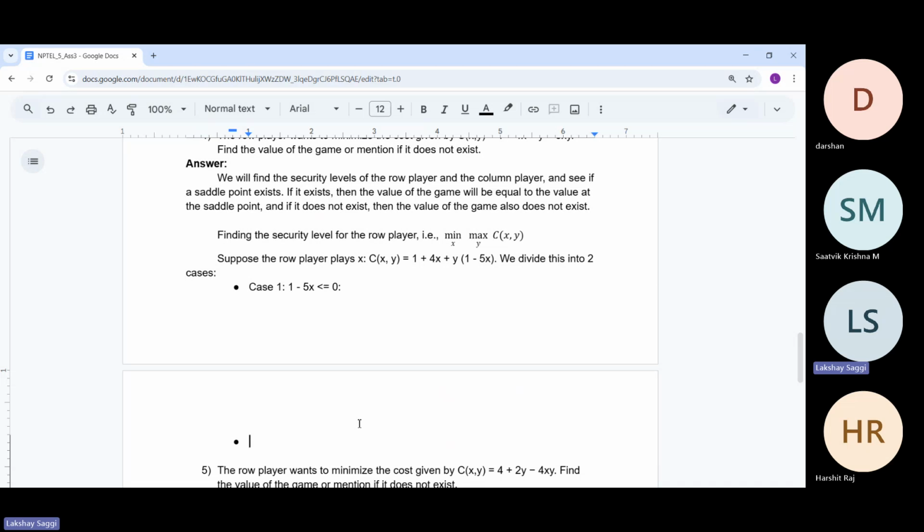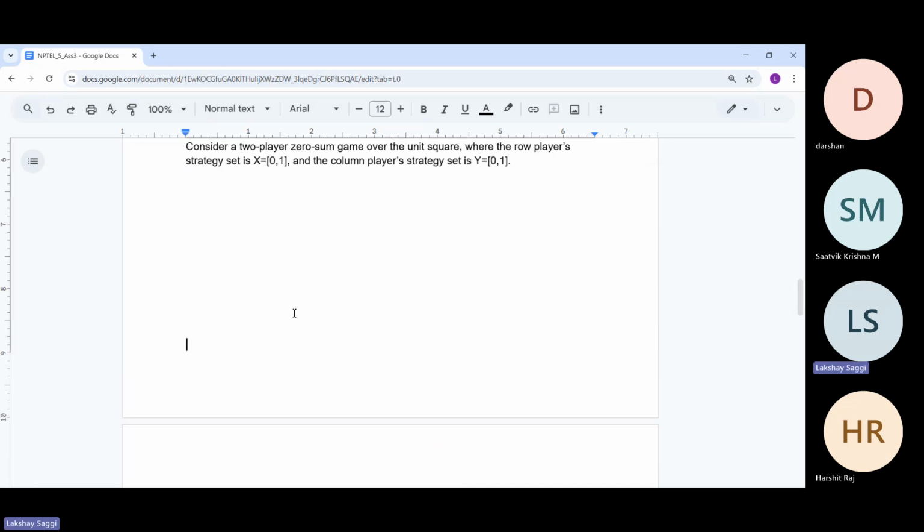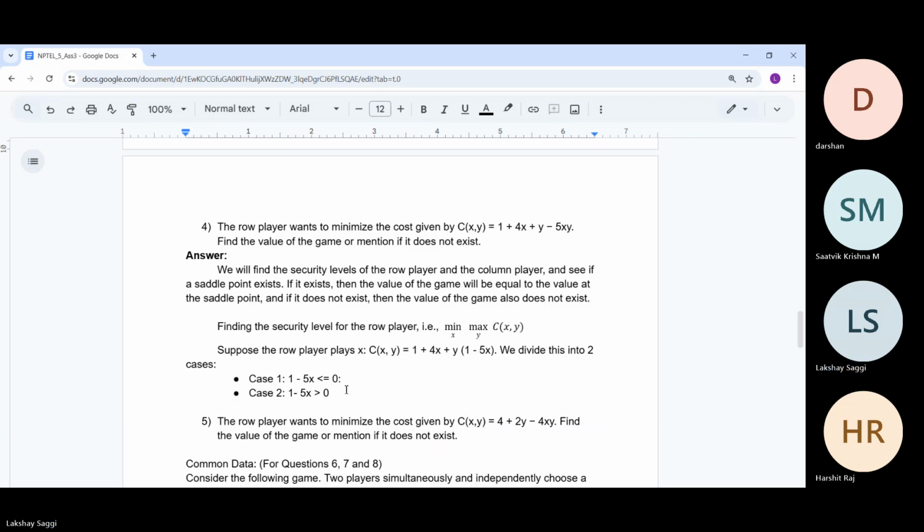And case 2 would be 1 minus 5x is positive. Maybe I'll move the whole question downward so that we have space. Right. So what do you guys think the column player will choose in this case? We have this quantity C(x,y) is 1 plus 4x plus y times 1 minus 5x.